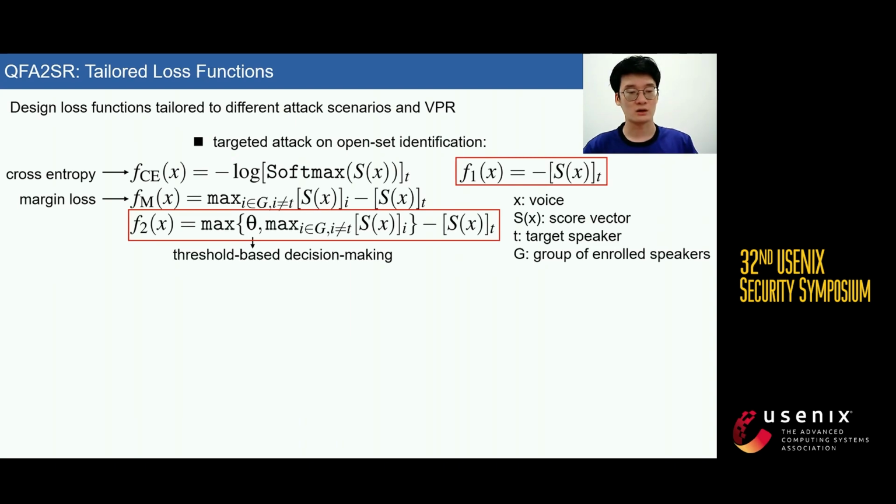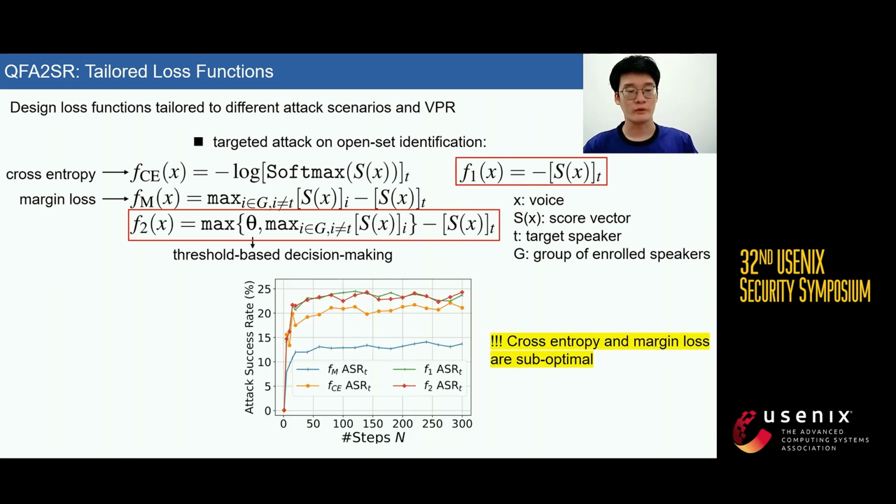These two losses are widely used in generating adversarial images. However, we find they are suboptimal for the transfer attack against speaker recognition, especially the margin loss. This is due to the unique threshold-based decision-making mechanism of speaker recognition.